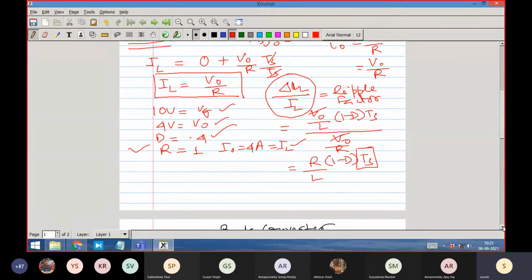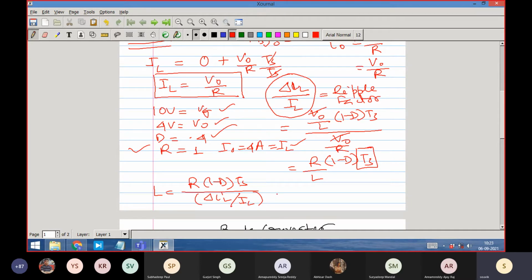So let us choose the inductor value. L is equal to R into (1 minus D) Ts divided by the ripple factor, delta IL by IL. That is the inductor that will be required.